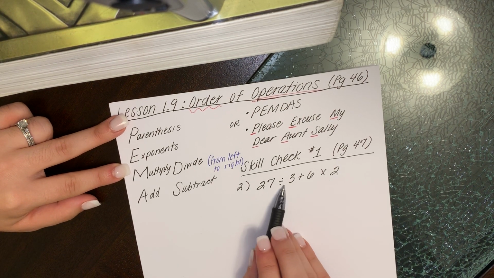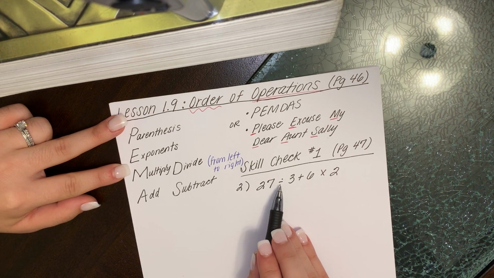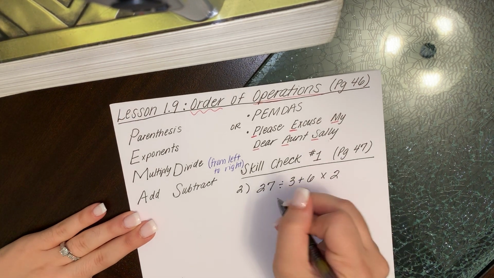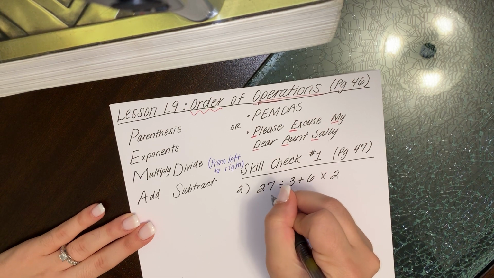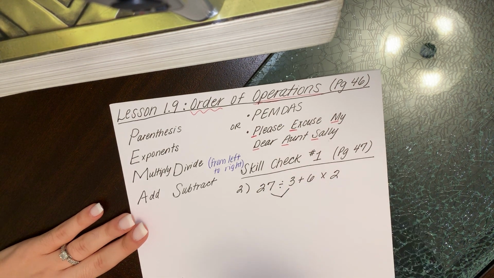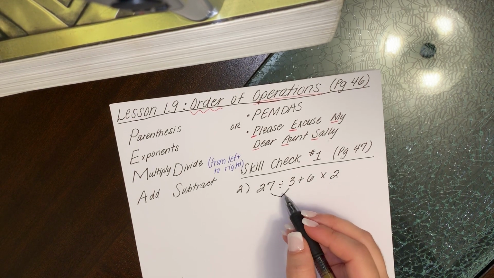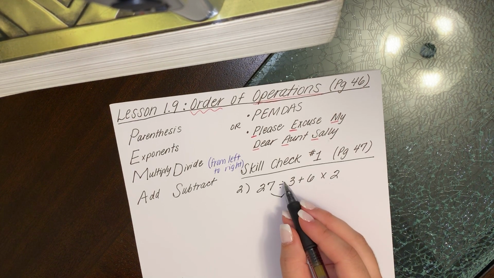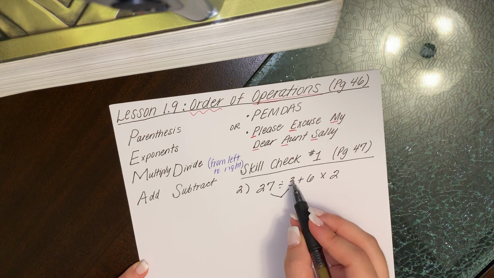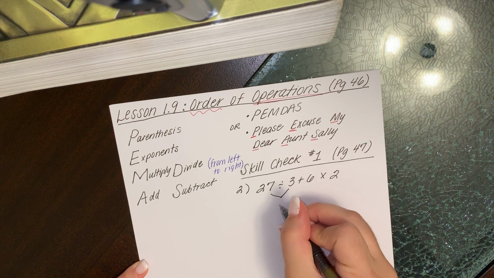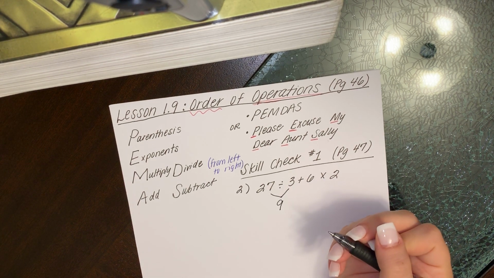Do you see multiplying or dividing? Hey, yes I do. I see 27 divided by 3. And that's what I'm going to solve first. If it helps, try to draw little arrows, okay, pointing to 27 and 3, and you're going to actually divide them. 27 divided by 3, well, that gets you 9.